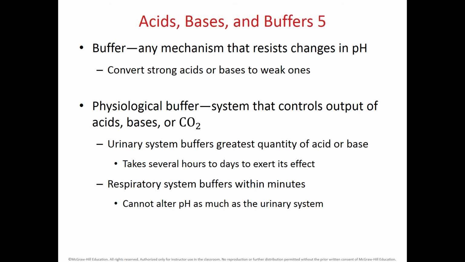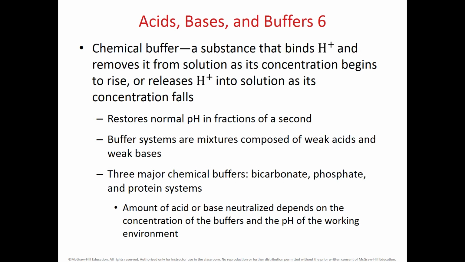Some examples would be urinary system buffers, respiratory system buffers, and the plasma buffer system. Now, the respiratory system buffer works within minutes after someone has a change in the pH, while the urinary system will have this buffering effect that takes several hours to days to maintain an acid-base balance.